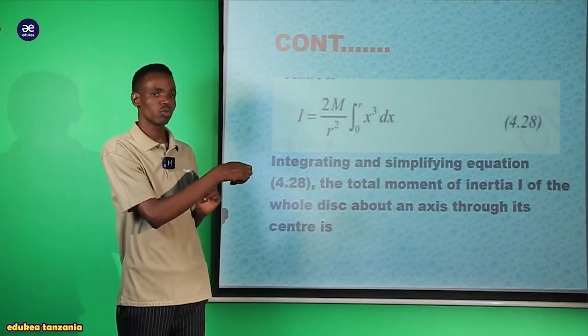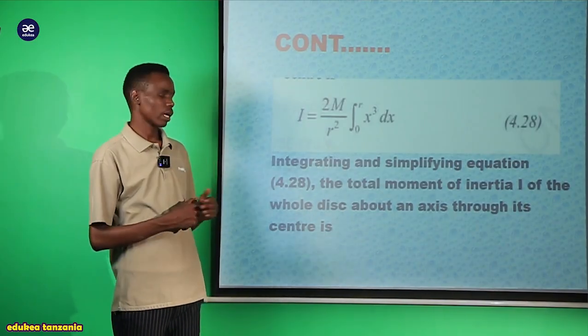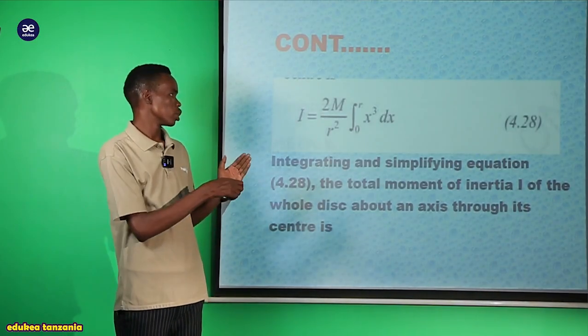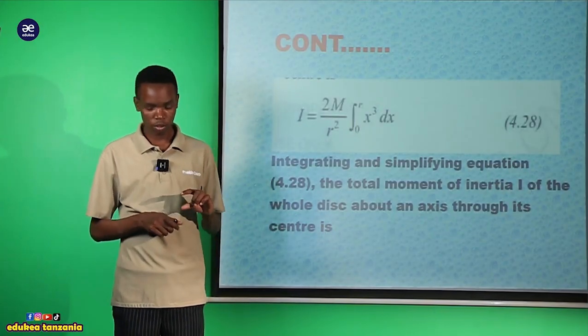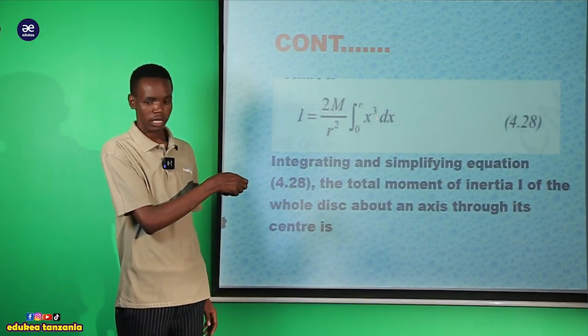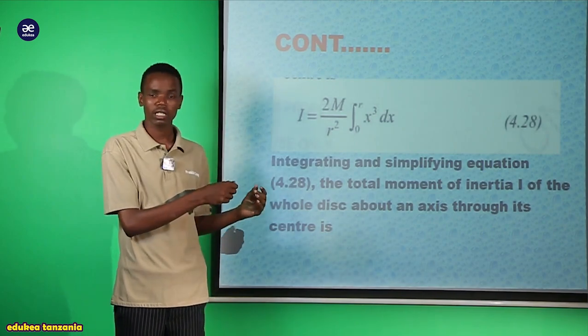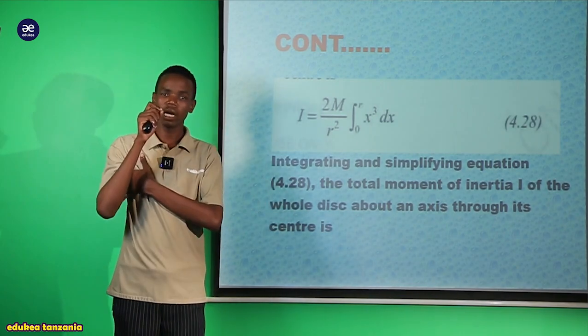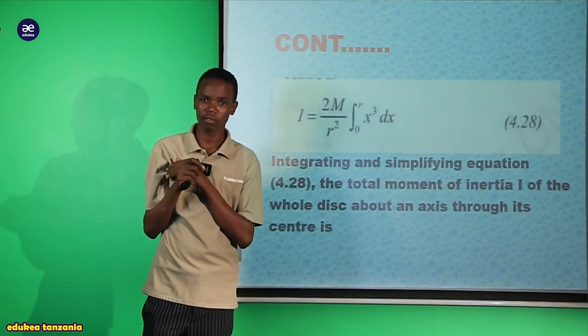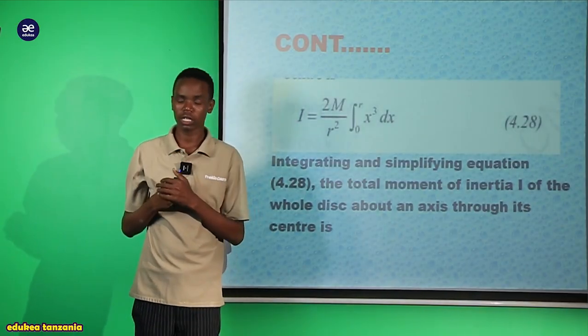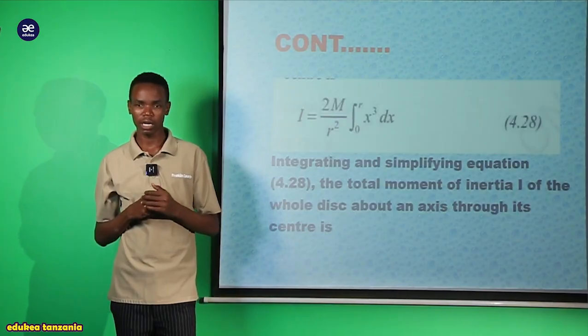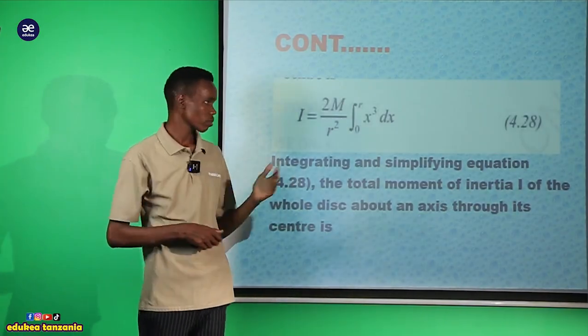After substituting, because 2m and r square are the same, we should integrate from 0 up to r, which is x power 3 here. After you integrate here, we know that in integration we should add 1 to the exponent and divide by the exponent that we obtained after adding 1.